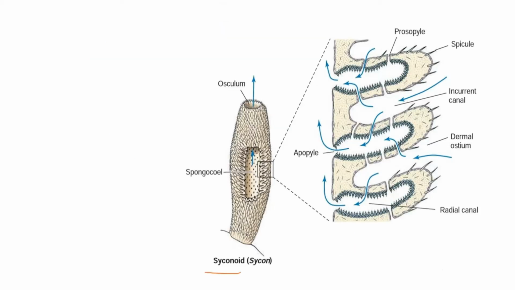Second type of canal system is the Syconoid canal system, and it is found in Scypha. This is the Scypha body, and we are taking this much part of it and looking at it in an enlarged view. In the Ascanoid type of canal system, you had a simpler body wall, right?